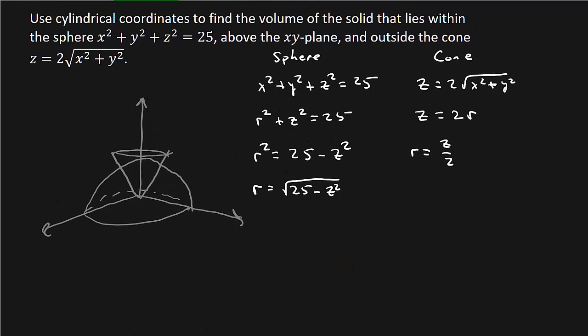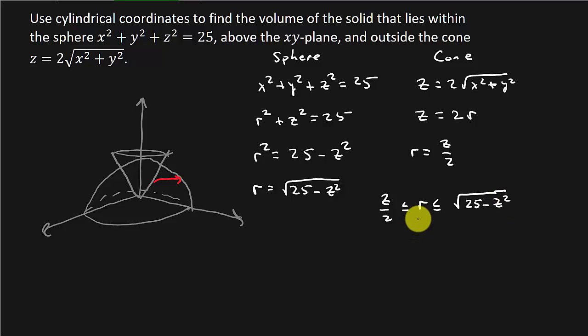Well, that is going to be the distance from here to here, from the cone out to the sphere. Can you see in this one that r is between z over 2 and the square root of 25 minus z squared?